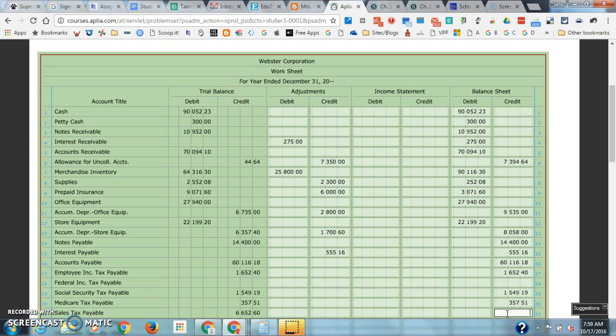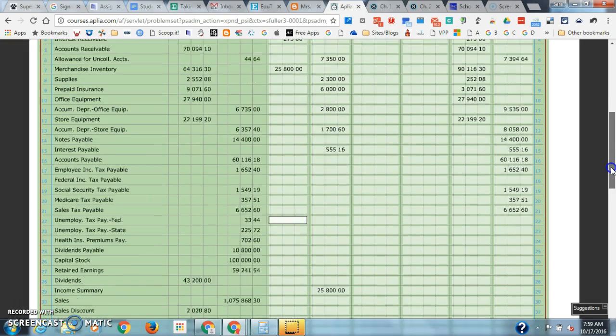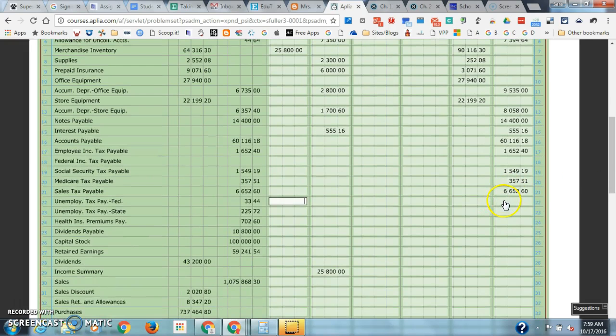Sales tax payable, $6,652.60. Unemployment tax, $33.44. State, $225.72. Health insurance, $702.60.